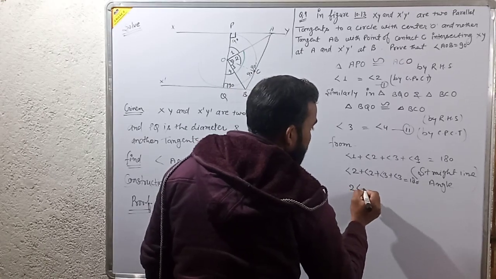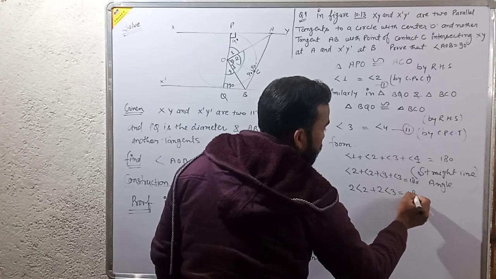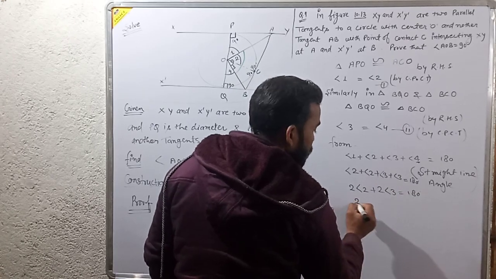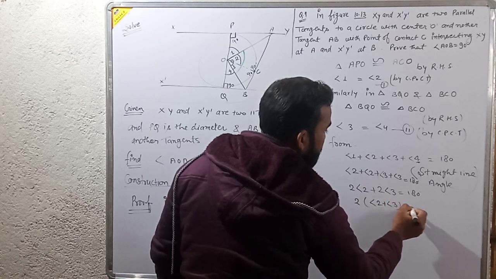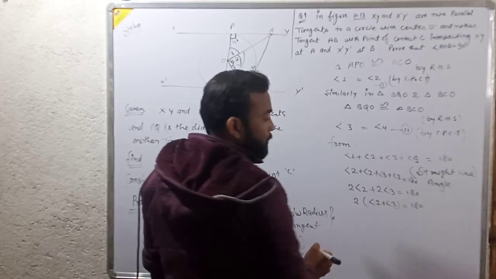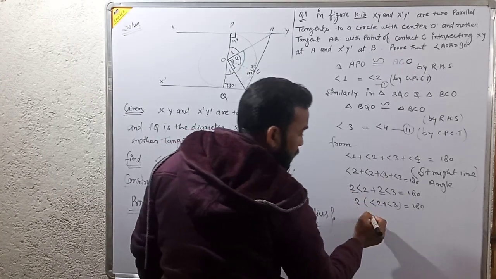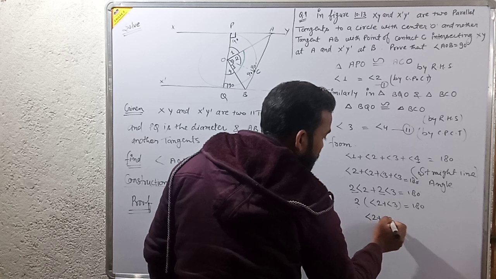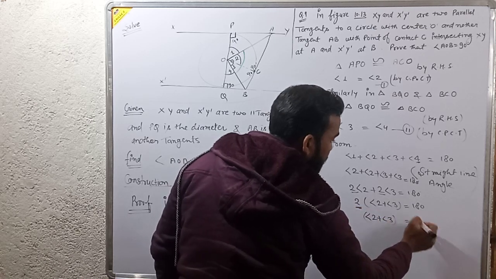2 times angle 2 plus 2 times angle 3 is equal to 180 degrees. 2 will be common, so 2 times angle 2 plus angle 3 is equal to 180 degrees. This 2 will be transferred and become divides.